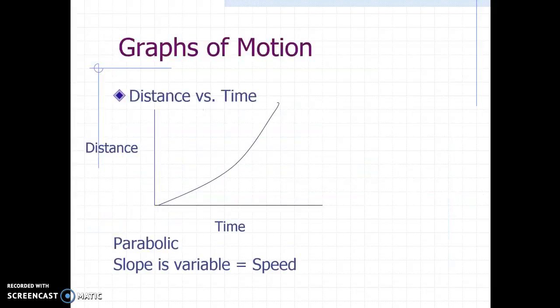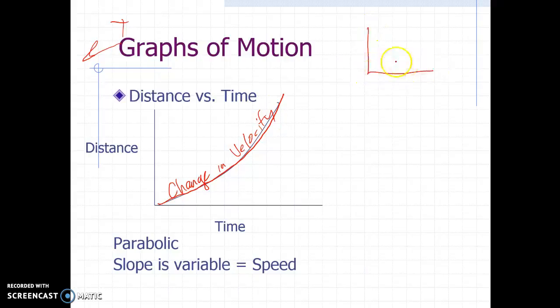Okay, just a quick review of graphs of motion. Again, this should be a topic. Graphs of motion. Draw the graph, please. In a distance versus time graph, when you have a parabola, this curved graph, this represents a change in velocity.